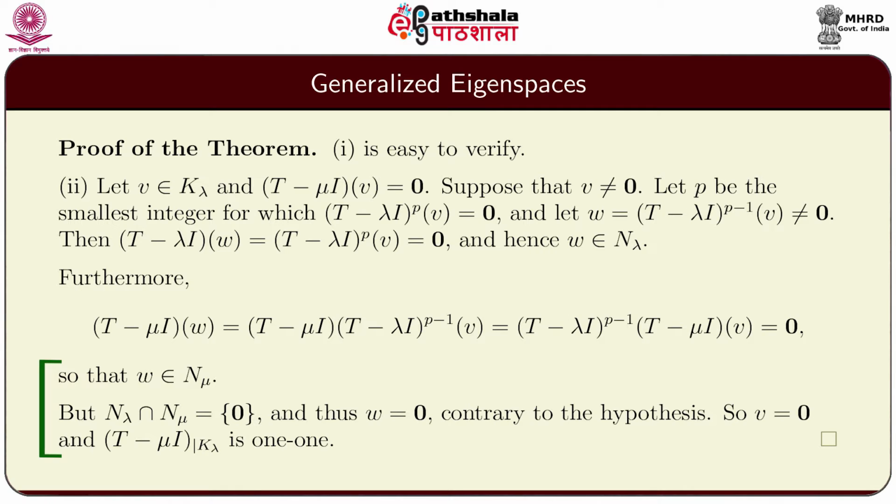So N_λ intersection N_μ is the 0 vector, and therefore, w is the 0 vector, which is contrary to the hypothesis. Therefore, we get v must be the 0 vector. So, we started with (T − μI)(v) equal to 0, and what we finally obtain is that v is equal to 0. Therefore, T − μI restricted to K_λ is one-one.